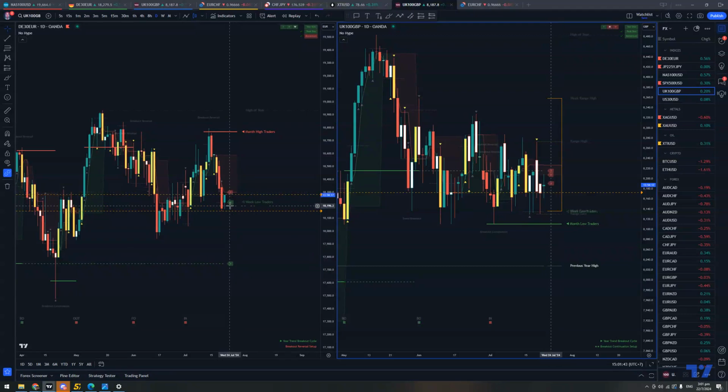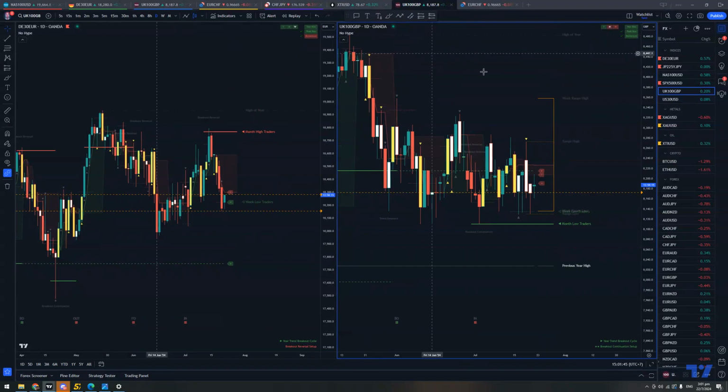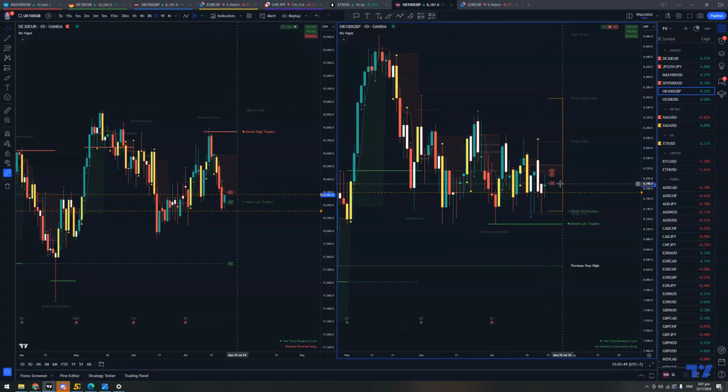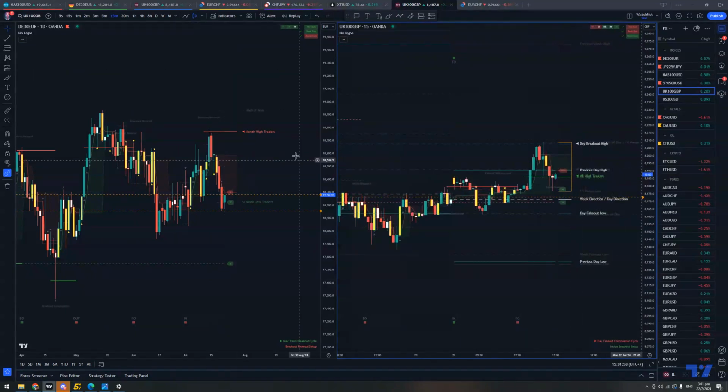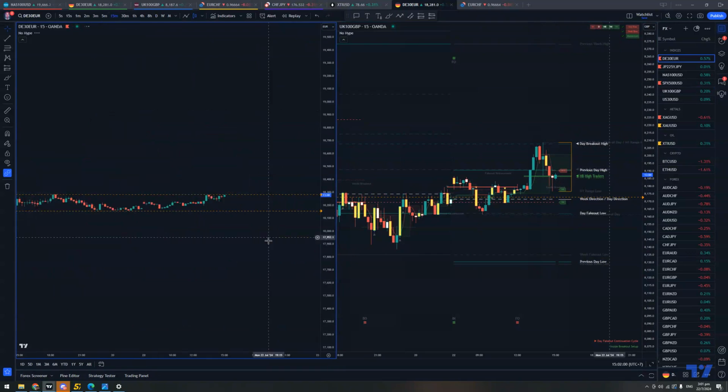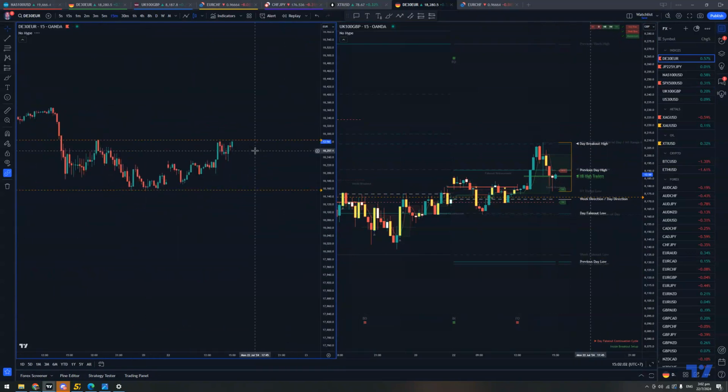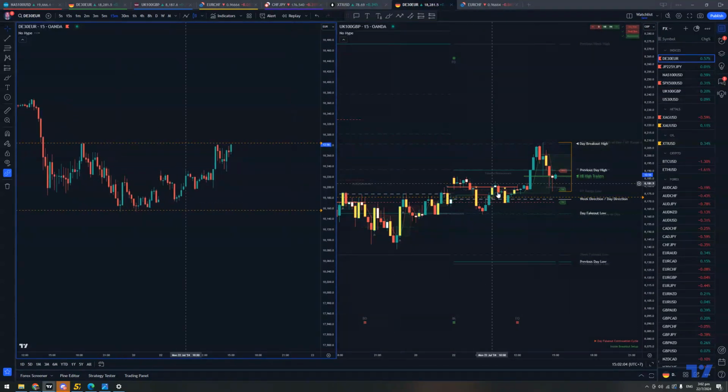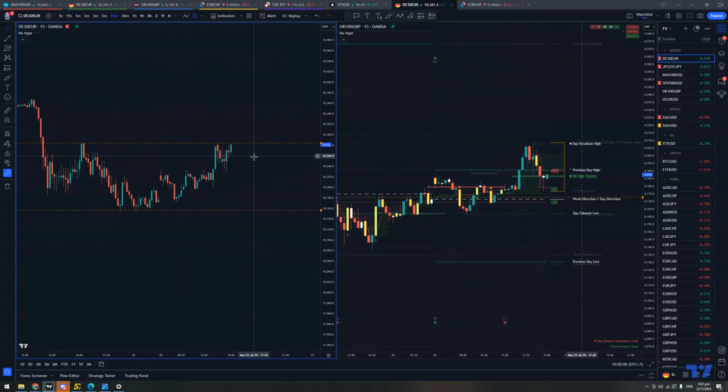I only have daily on my side. While with UK100, I have monthly, daily, and at the time weekly was still bullish, but I liked having monthly and daily on my side. So I was more leaning towards taking a sell on UK100, but I did narrow down my pairs to just both of these.